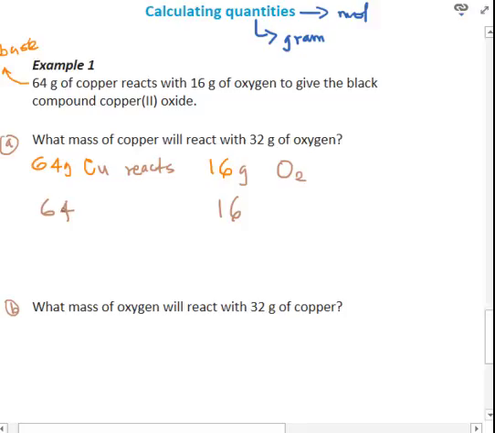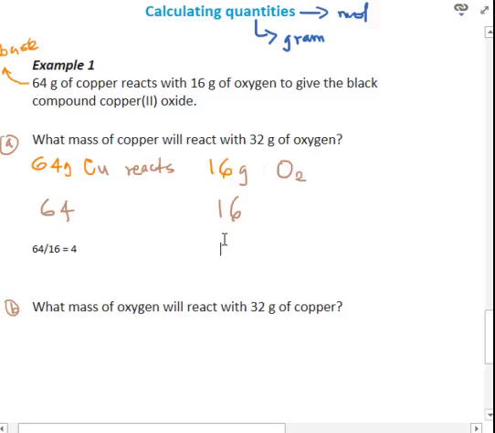We can just look at the factors of this. 64 divided by 16 equals 4.